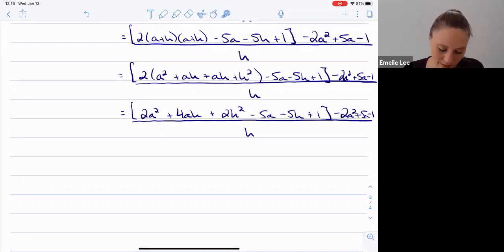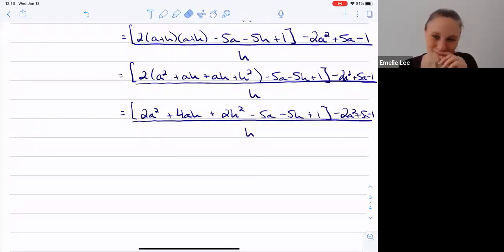Now, these brackets around my f of a plus h aren't doing anything. There's nothing outside here, so they're not doing anything. So what I can do is just start to cancel. Whoa. I'm not used to this pencil, where I guess if you double tap, it'll switch to the eraser. Gotta be careful.